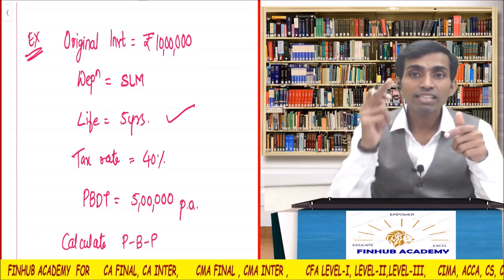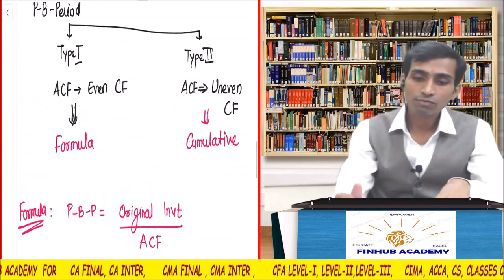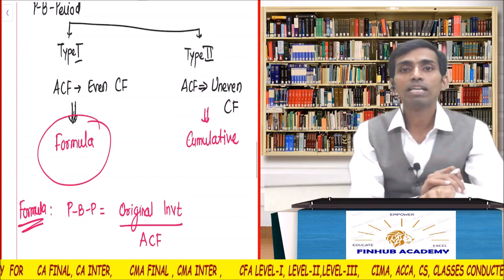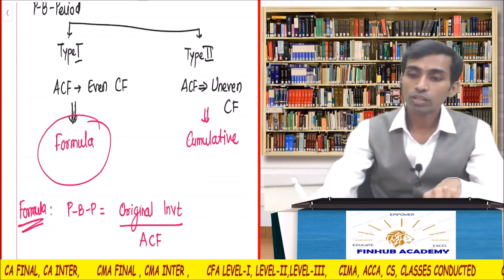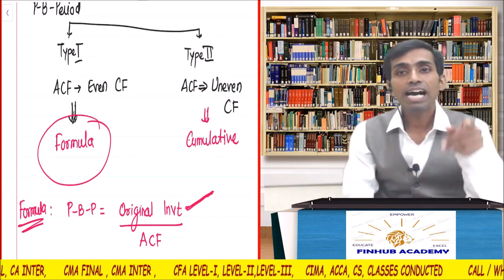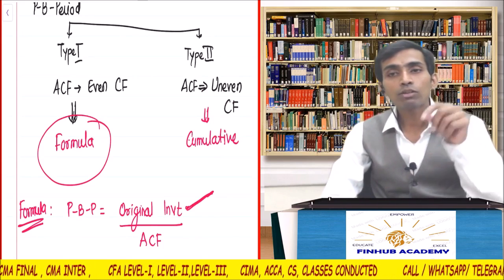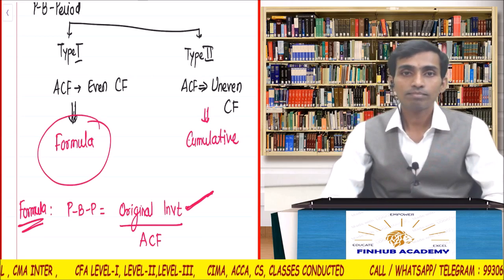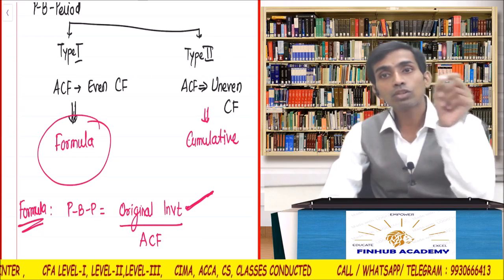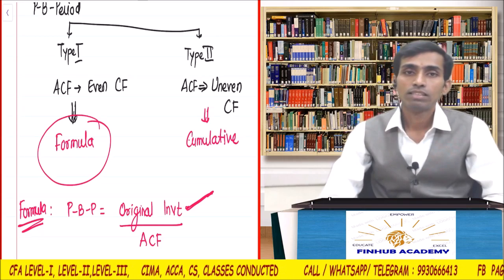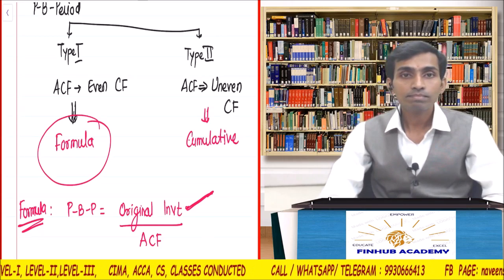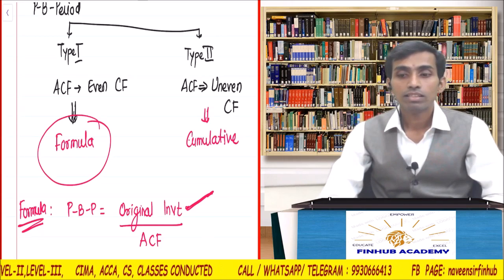That means it's an even cash flow sum. When it's an even cash flow sum, you apply the formula: original investment upon ACF. I have the original investment. I should calculate ACF, and to calculate ACF, I should know the depreciation. Is that clear? Yes or no?